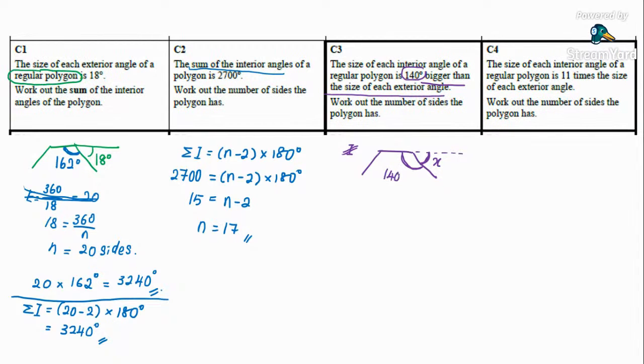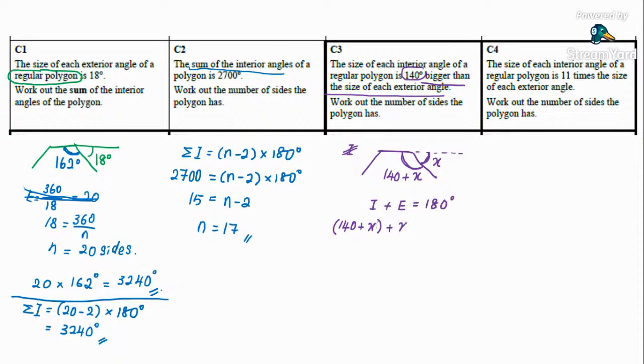So this is 140 plus x. From the diagram itself, you can see the interior and exterior angles must add up to 180 degrees.